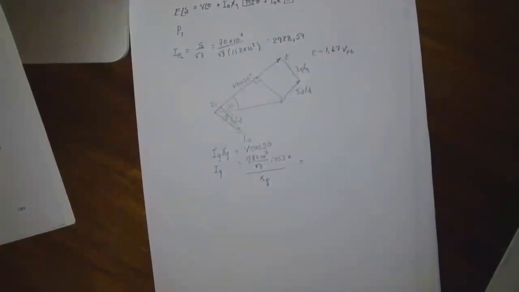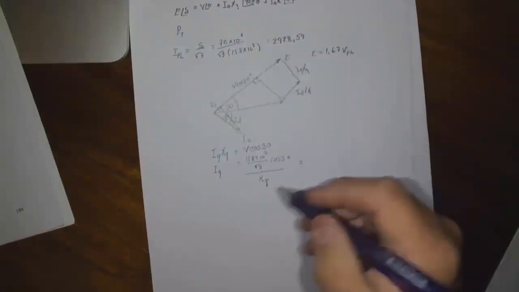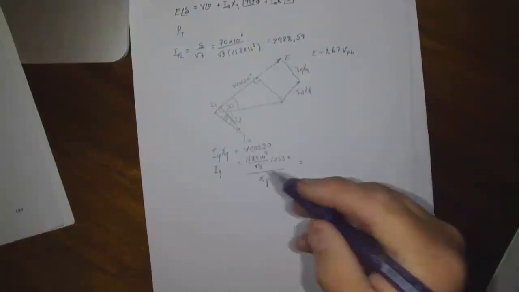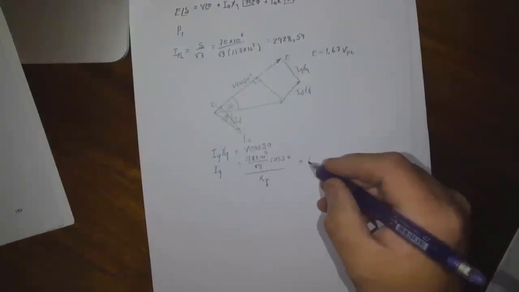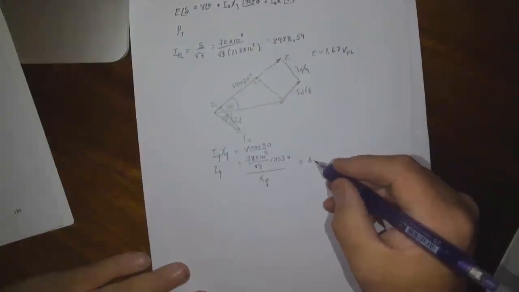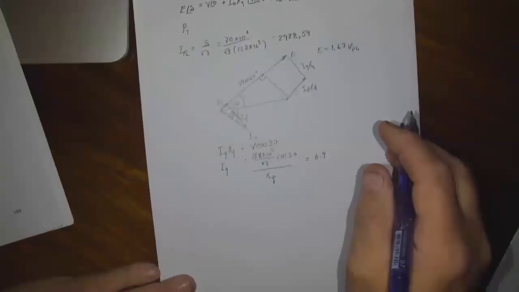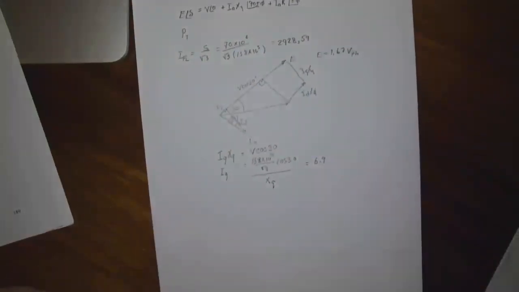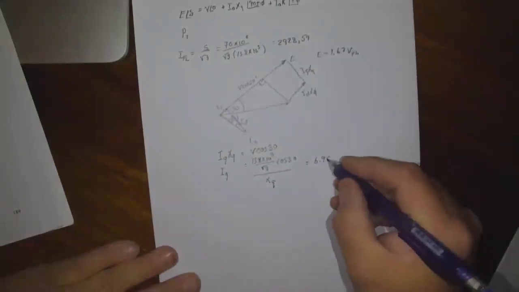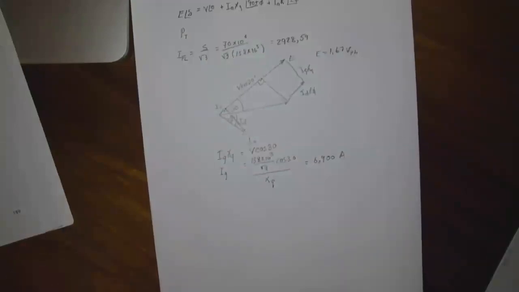6,900. All right, come again? 6.9 kilo amps. No, 6.9 kilo amps. IQ. 6.9. Are you sure? No, I'm not sure. 6,900. Okay. Let me check.